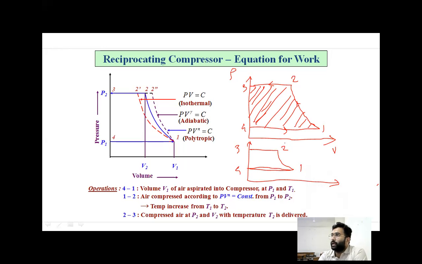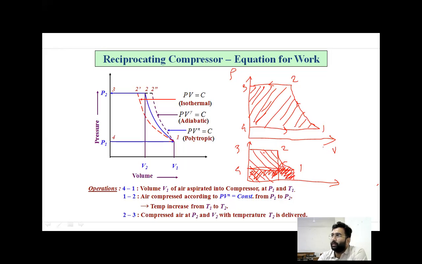First of all, we will calculate the area under the curve 1 to 2. Then we'll calculate the area under 2 to 3. Then we'll subtract this much area from the total area.